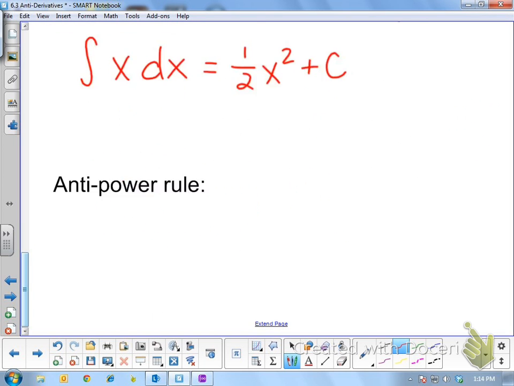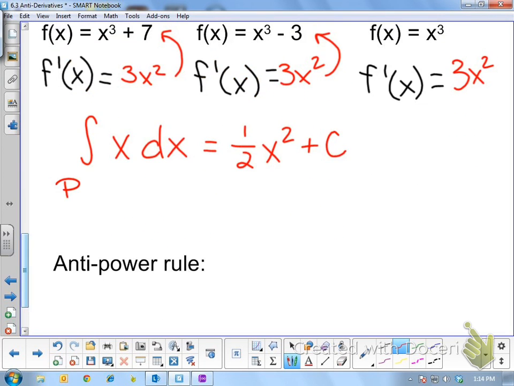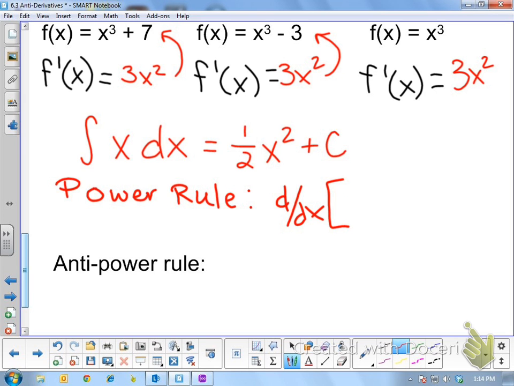And we know the power rule. If we're taking the derivative of x to the n, let's say cx to the n, because we could have a little constant in front, so lowercase c.